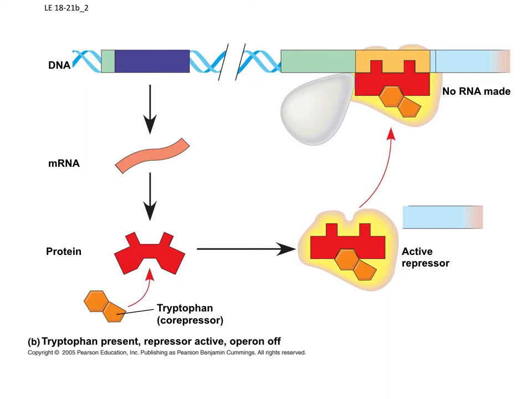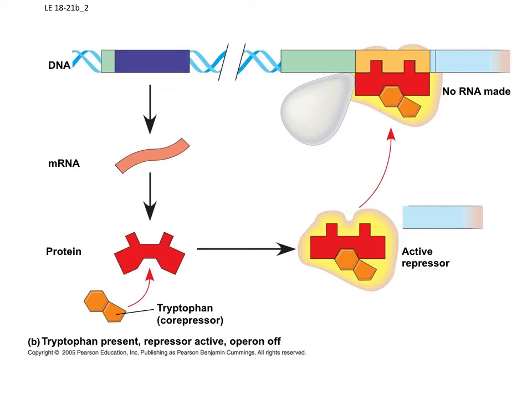This operon is turned off in the presence of tryptophan. But that's okay because the operon makes tryptophan, so it only gets turned off when there's a lot of product available. If you have a lot of tryptophan, you don't need to make any more right now. So you can use tryptophan to activate the repressor and turn the operon off.